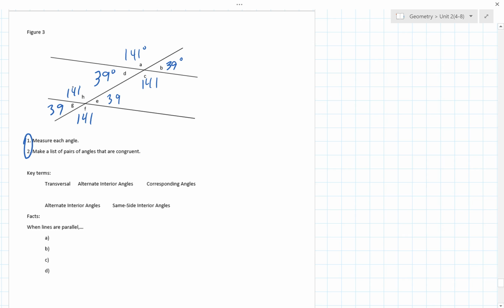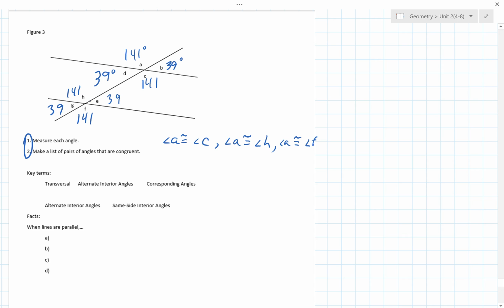Okay, so our list for part 2, our list of pairs of angles that are congruent, there are quite a few. I know that angle A, for example, is congruent to angle C. Angle A is congruent to angle H. Angle A is congruent to angle F. And so on.